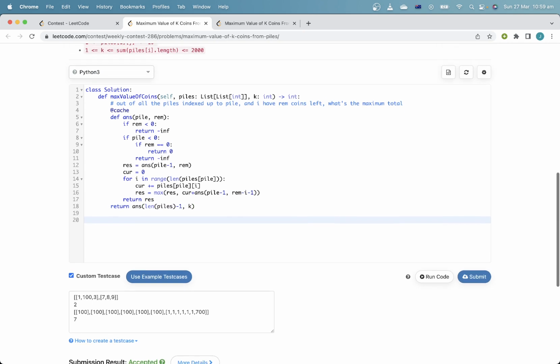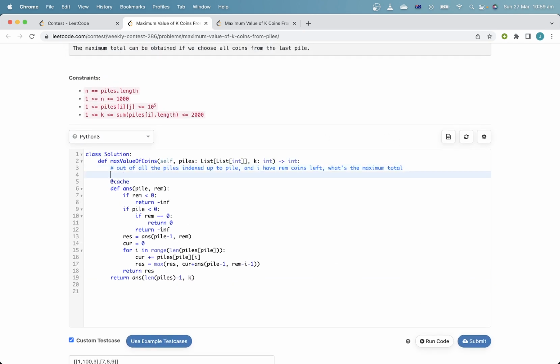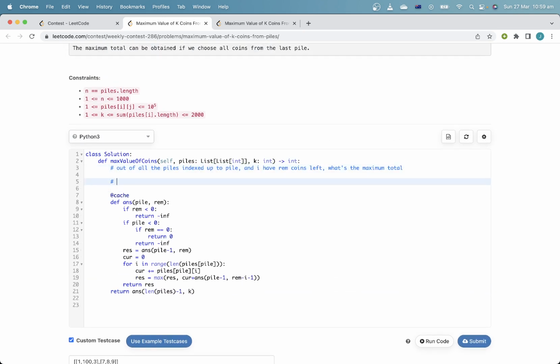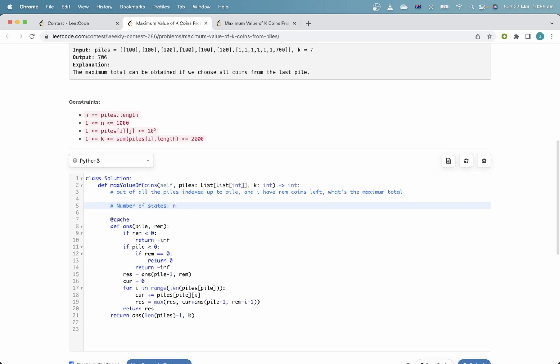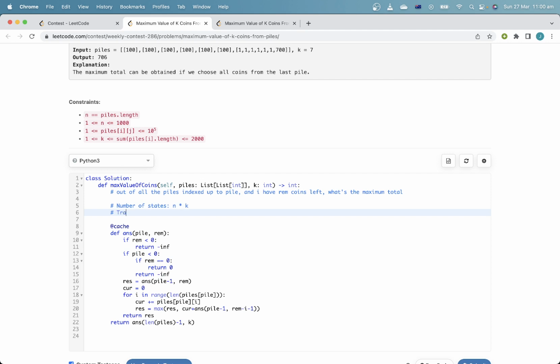Now, the reason why I was confused is a little bit because of the complexity. Let's analyze the complexity. Well, how many states are there? That's just the total number of piles, n, times the remaining number of coins, k. Now, what's the complexity of the transition?